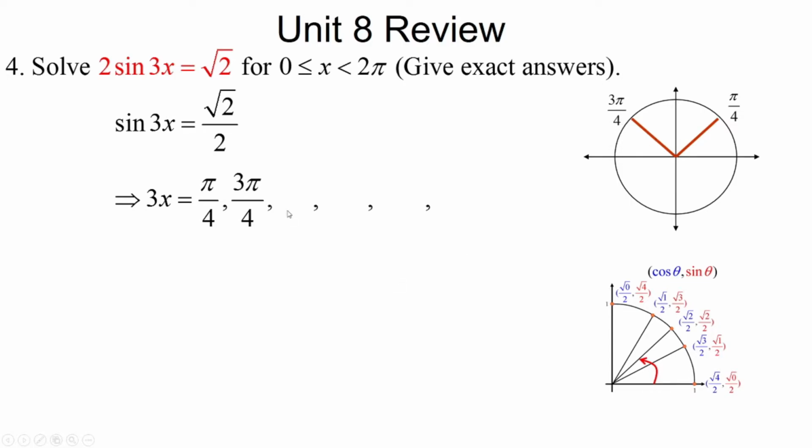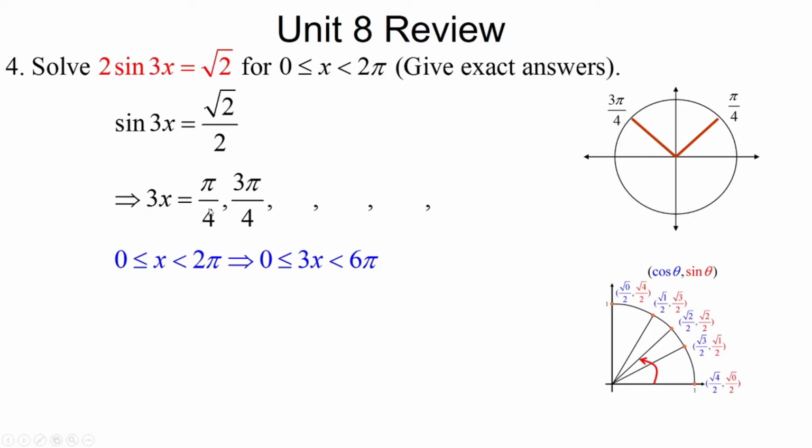And now I still have room for a lot more answers, and that's because they told me 0 is less than or equal to x, and x has to be less than 2 pi. So I've got to write this double inequality in terms of 3x. So we're multiplying all 3 sides by 3. 0 times 3 is still 0, but 2 pi times 3 would be 6 pi.